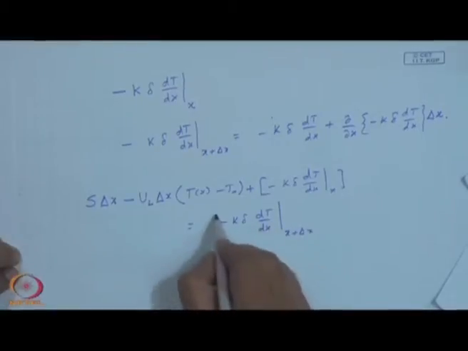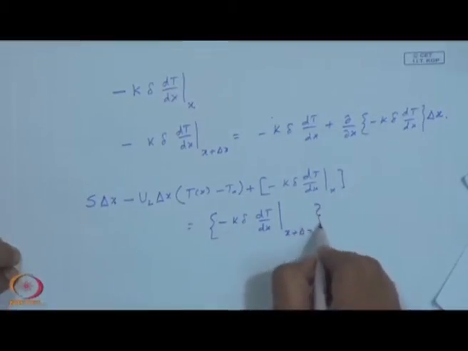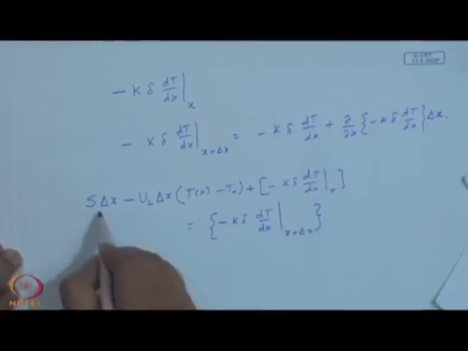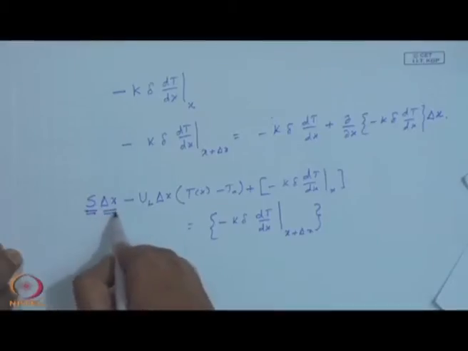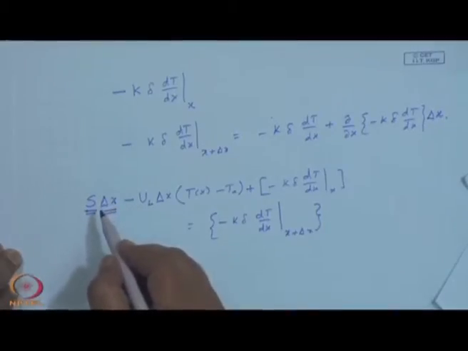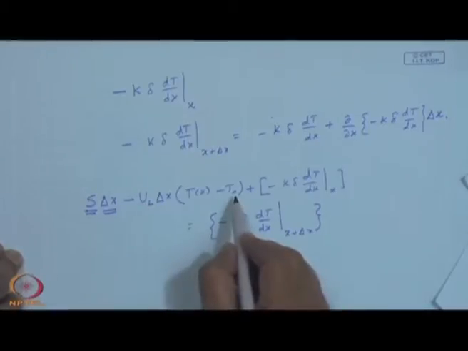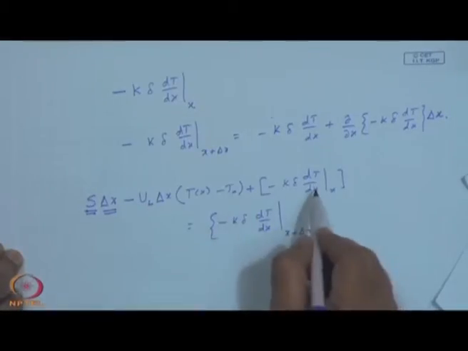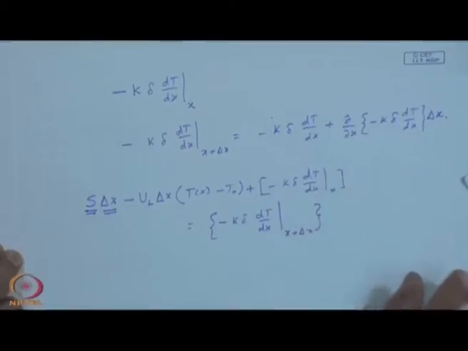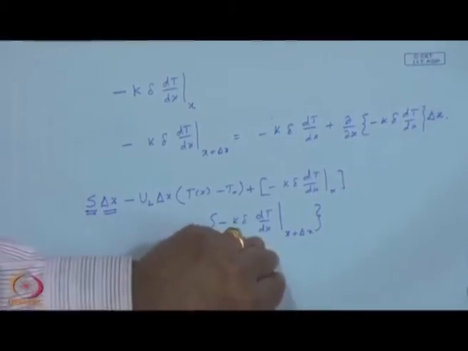evaluated at x plus delta x. So, this is written as a balance equation: incoming radiation is the absorbed energy multiplied by delta x and a unit length perpendicular to the plane of the paper, minus the losses over the same area, and what enters is minus k delta dT dx, and what finally goes out is minus k delta dT dx at x plus delta x.